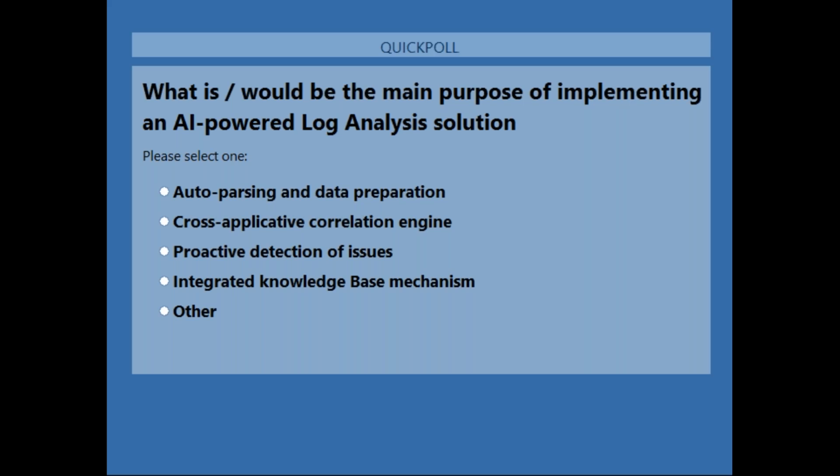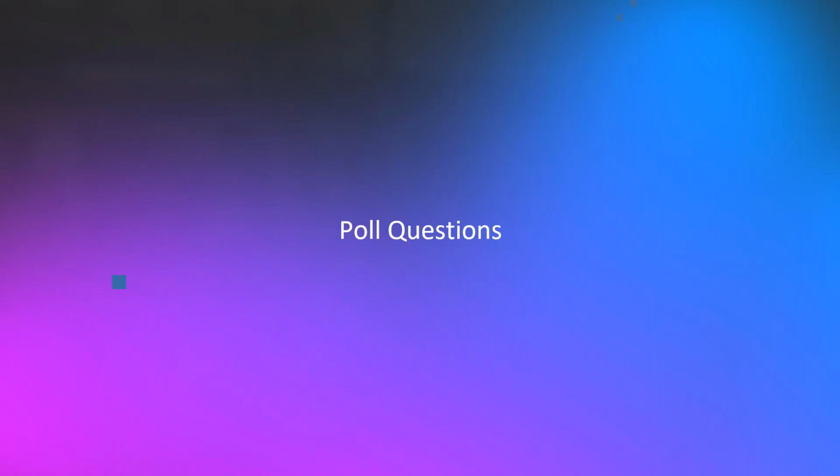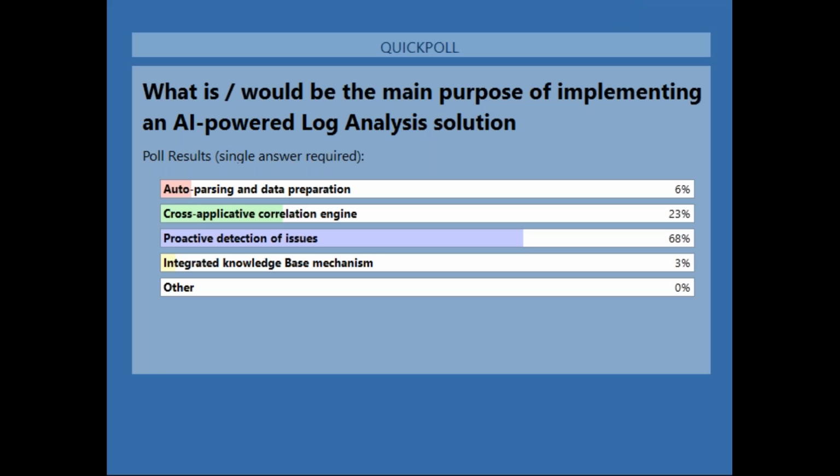Okay, we're closing it now. So here are the results for the main purpose of implementing an AI-powered log analysis solution. Looks like proactive detection of issues is the big winner here, Dror, at 68%. That would actually be my first answer as well.